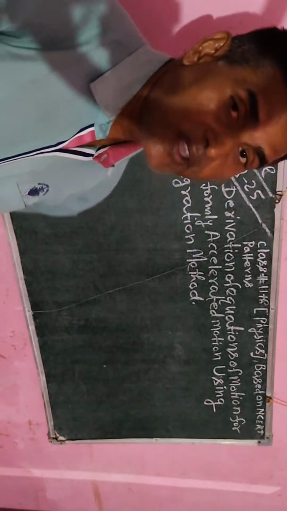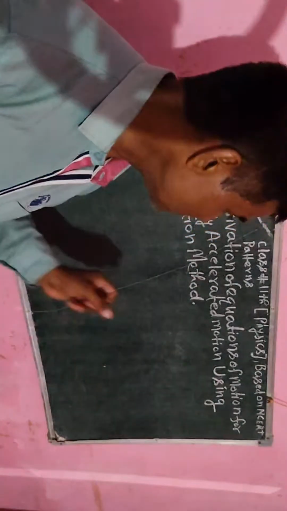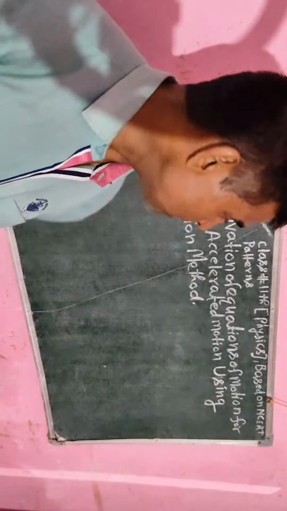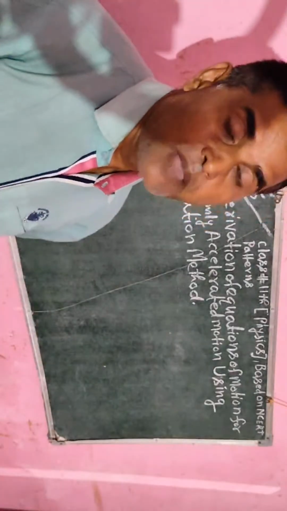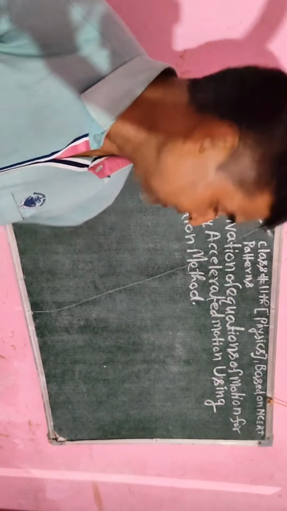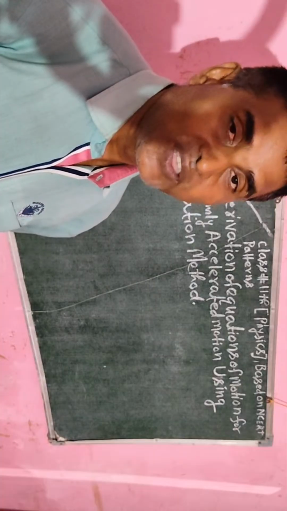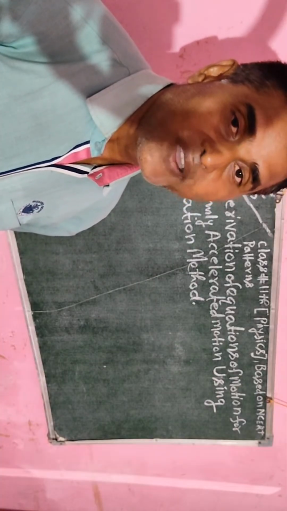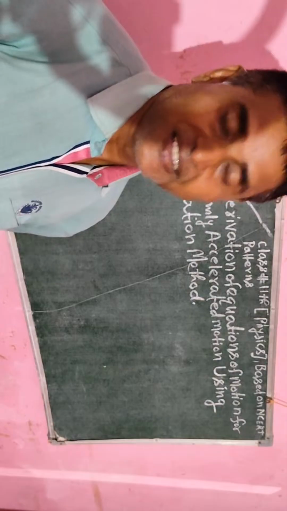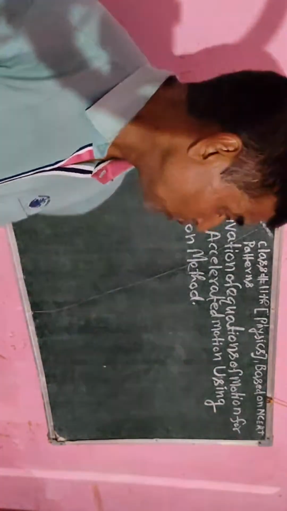And students who are reading in Hindi medium, that is, in the UP board, can also understand, because after explaining in English I will translate all this information into Hindi. So both students can understand very easily, whether they are reading in English medium or Hindi medium.